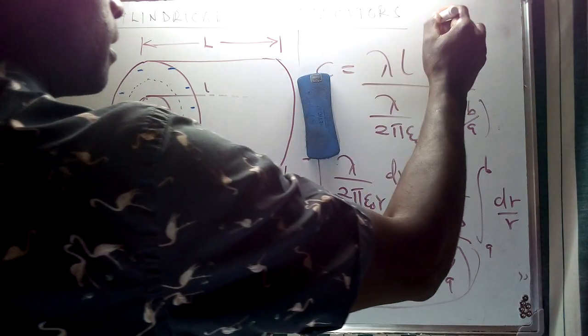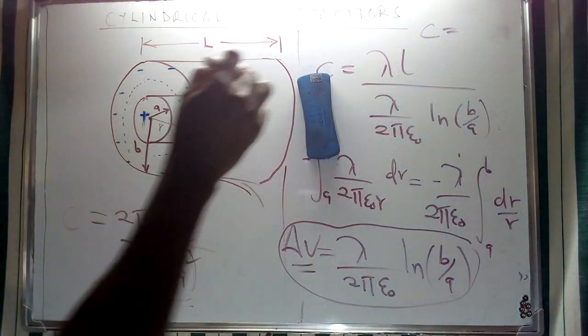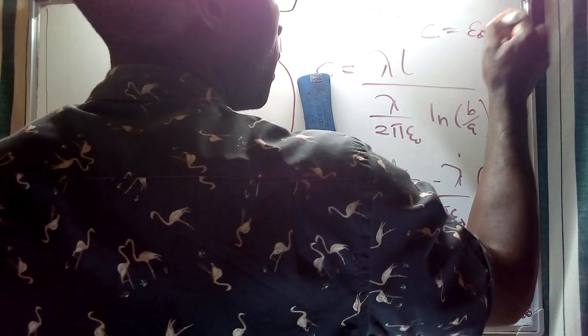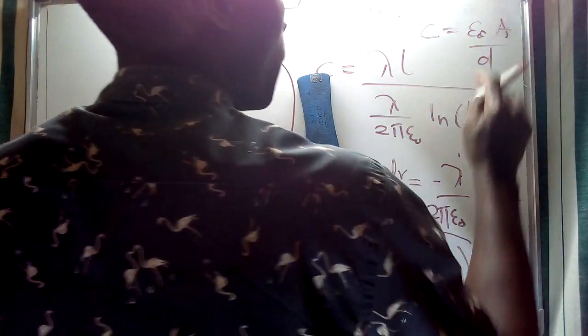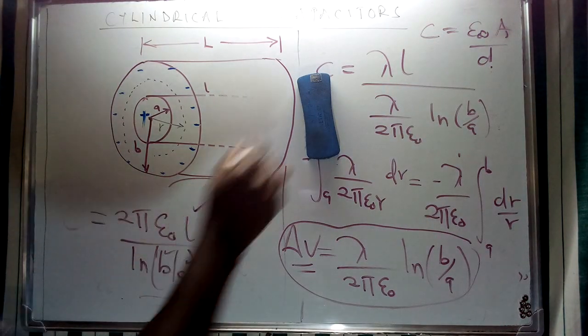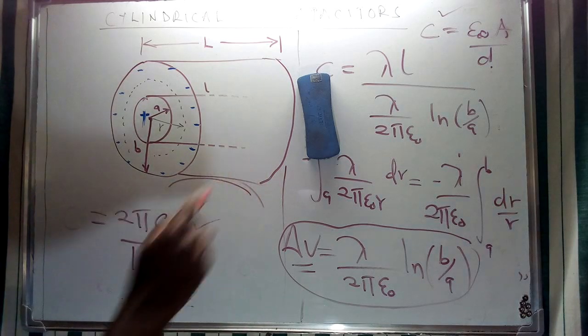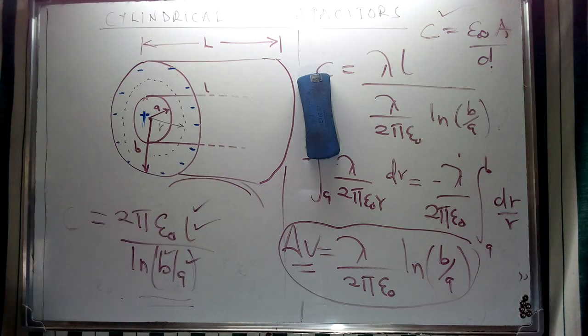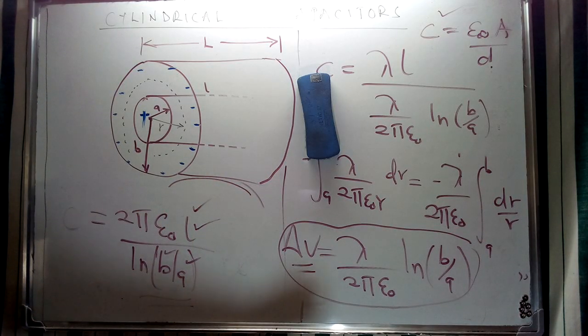If we remind ourselves from the parallel plate, we had said that capacitance is given as epsilon naught A over D, where A was the area of those parallel plates and D is the distance of separation between them. So from our first case and the second one, we can conclude that capacitance basically depends on the geometrical factors of those specific capacitors.